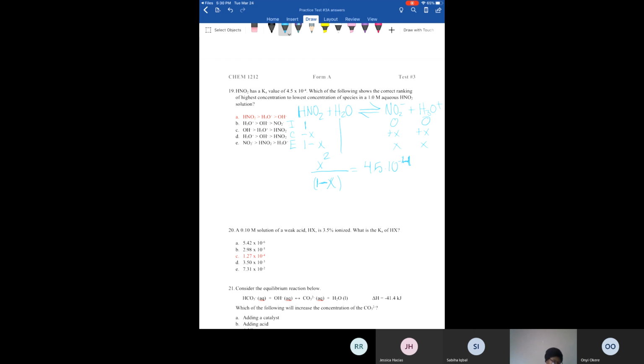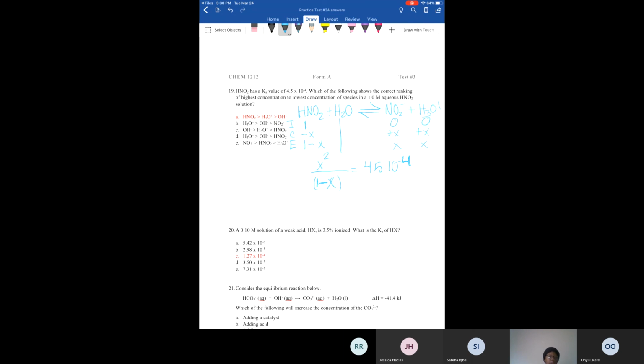Or if you did not want to do that, what you could do is recognize the fact that your Ka value is small. It's not super small, but it's still pretty small. It's small in relation to the concentration of HNO2.